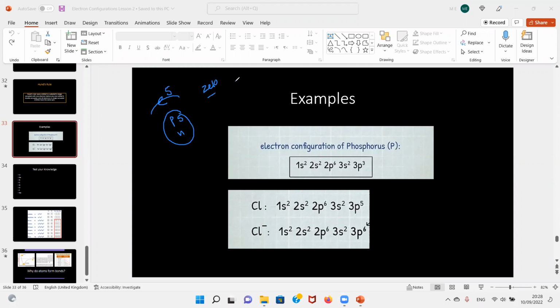That means this atom is neutral. Now, I can't play with the number of protons. The number of protons is fixed. But I can change the number of electrons. The number of electrons can increase and can decrease.